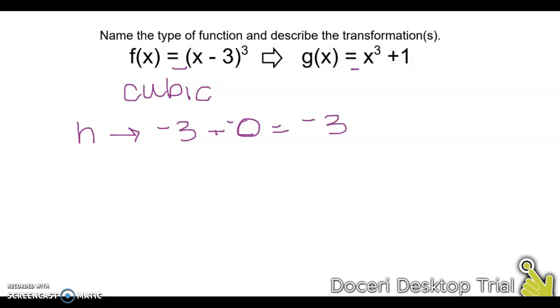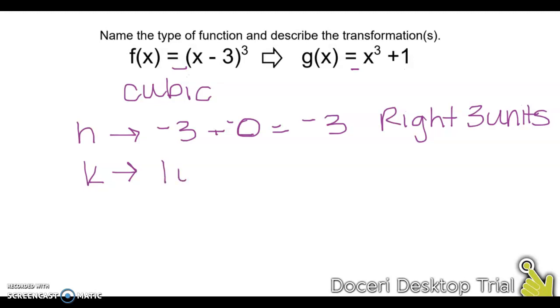And -3 means you're going to move it to the right. And then the change in k is 1 to 0. So we went from 0 to up 1. So we moved it 1 unit up.